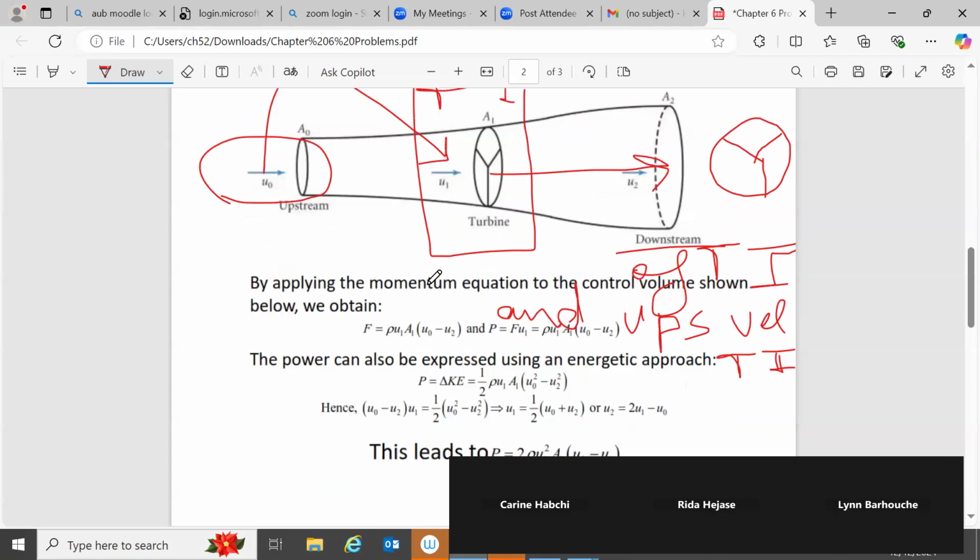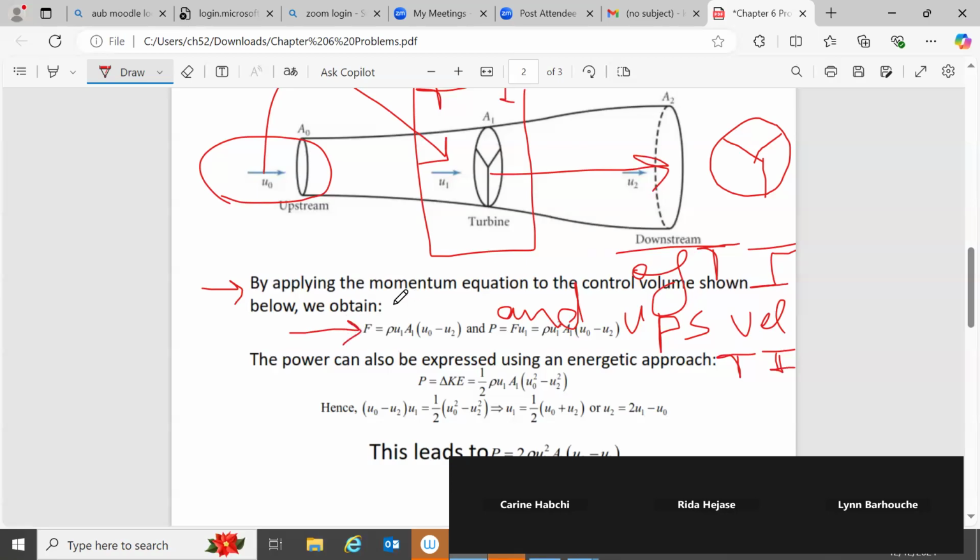First, we start with the same procedure as for one turbine. You remember? What was the first formula we applied? Yes, we applied the momentum equation on the control volume of a turbine. From this equation, we can find the force acting on the turbine.